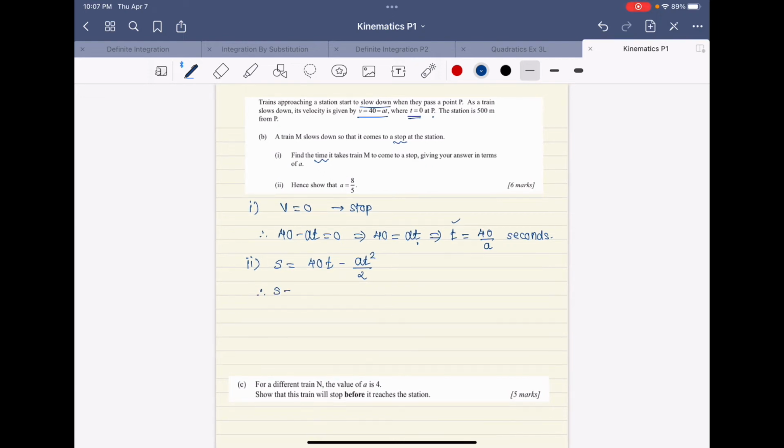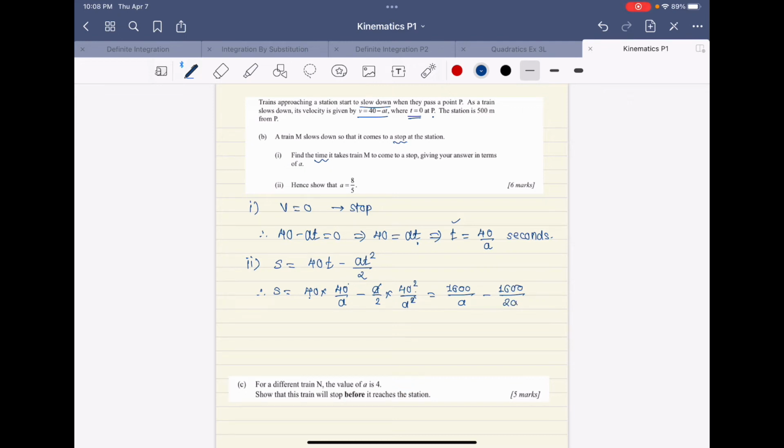So s is equal to 40 into t value, which is 40 over a, minus a over 2 times t value 40 over a, so 40 square over a square. Simplify this. 40 times 40 is 1600 over a. One a gets cancelled. 40 square is again 1600 over 2a.